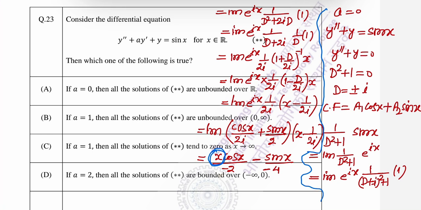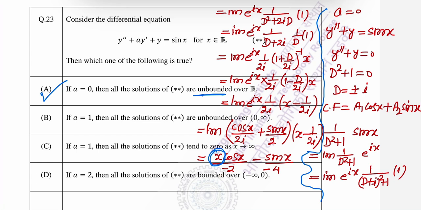And same thing, in other words, if I tend this x to infinity, then cos x is bounded but x is not bounded, so x will go to infinity. So our first option A is true.